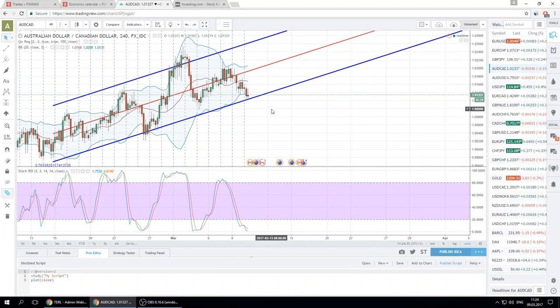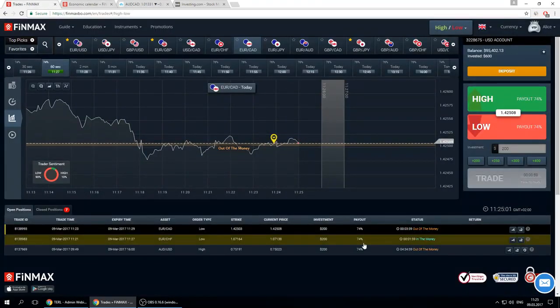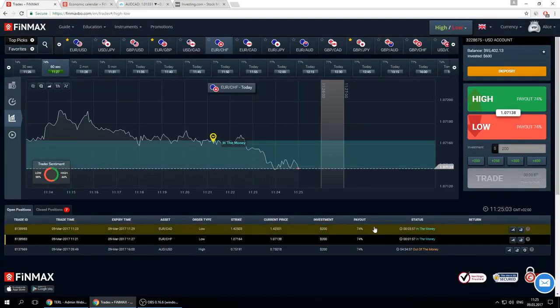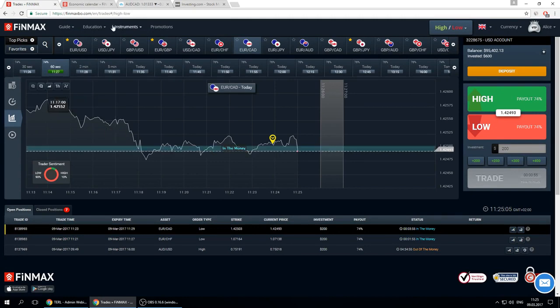Well, here what we see, Australian dollar to Canadian going down. Here we see the trend line, and it's better to wait till this candle closes, so for 35 minutes, and after that to make an analysis one more time, and only after that to enter the trade. Okay, let's check. In the money, out of money, in the money too. Okay.